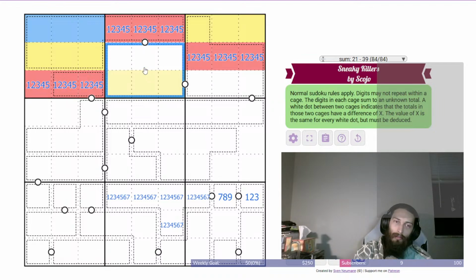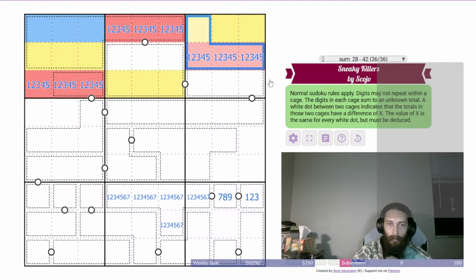let's say this box was bigger than this one. Because let's say this is, I don't know, 30, just to put a number on it. If we subtract red, let's say red was 10, then this would be 20.